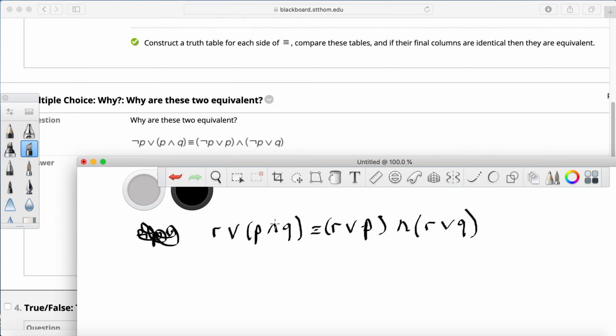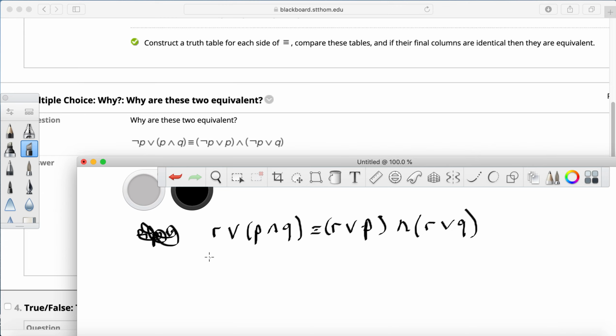But one way to think of this is that the V symbol acts like addition, and the wedge symbol acts like multiplication. And so it's distributing. That's basically what's happening.